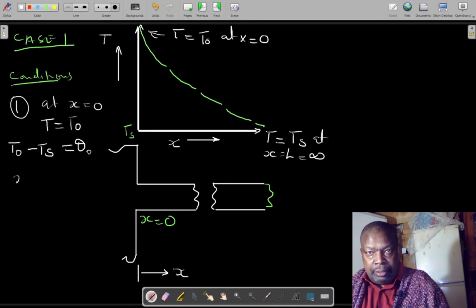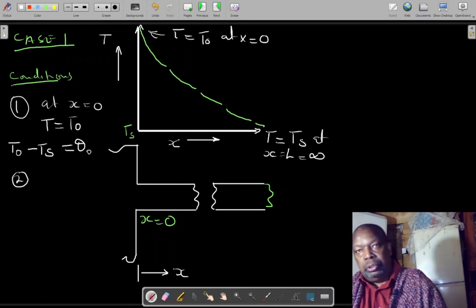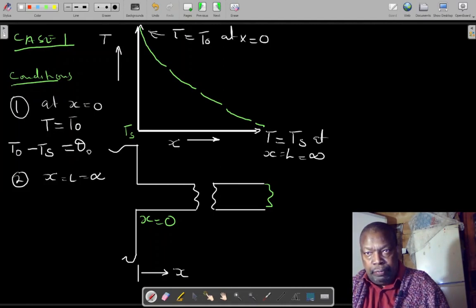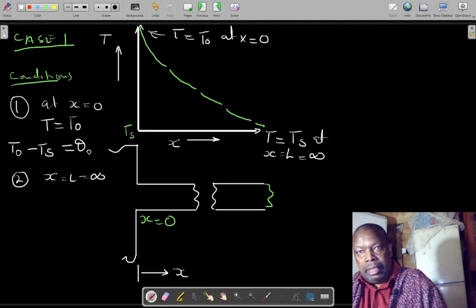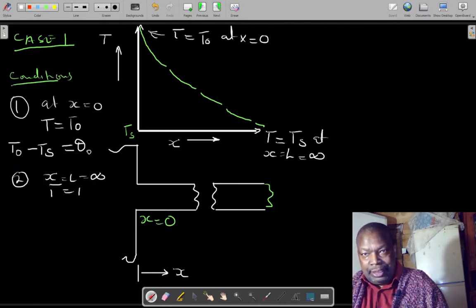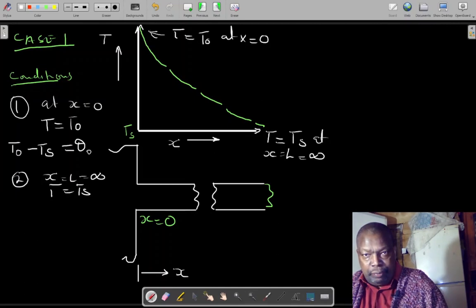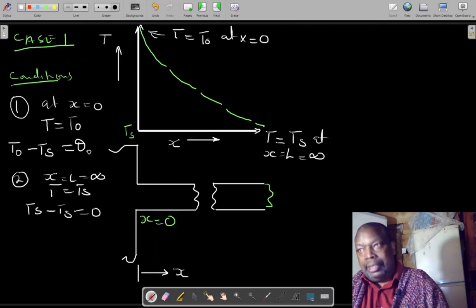For the second boundary condition, we have at x is equal to L, which is infinity, T is equal to Ts, such that now the temperature difference is Ts minus Ts, which is equal to 0.